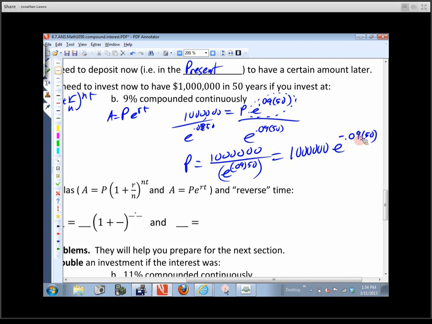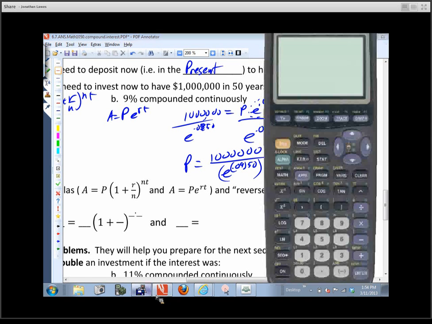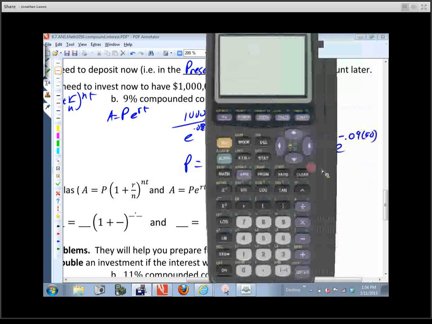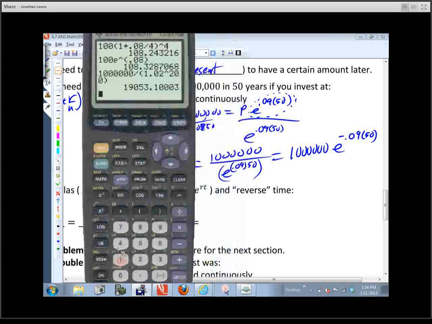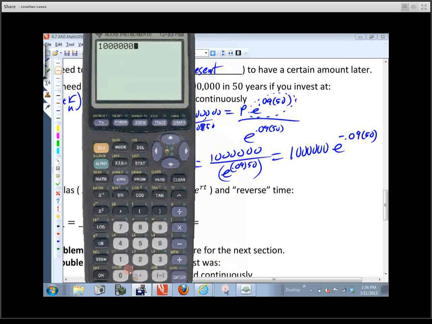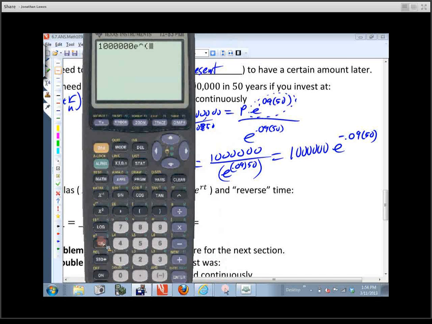Would that work? It would, right? Because that's just moving the exponential into the numerator. So let's just double check and see. So I've got, clear that off. 1 million, and then I've got E raised to the negative 0.08 times 50. Thank you.